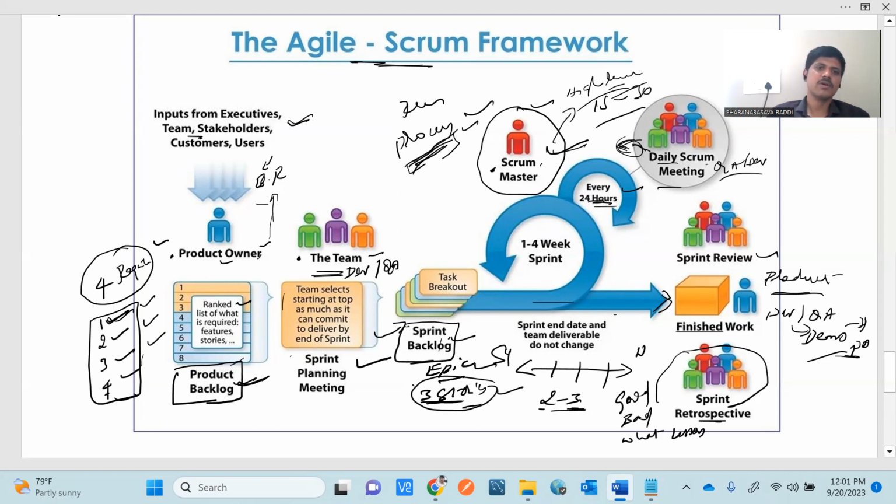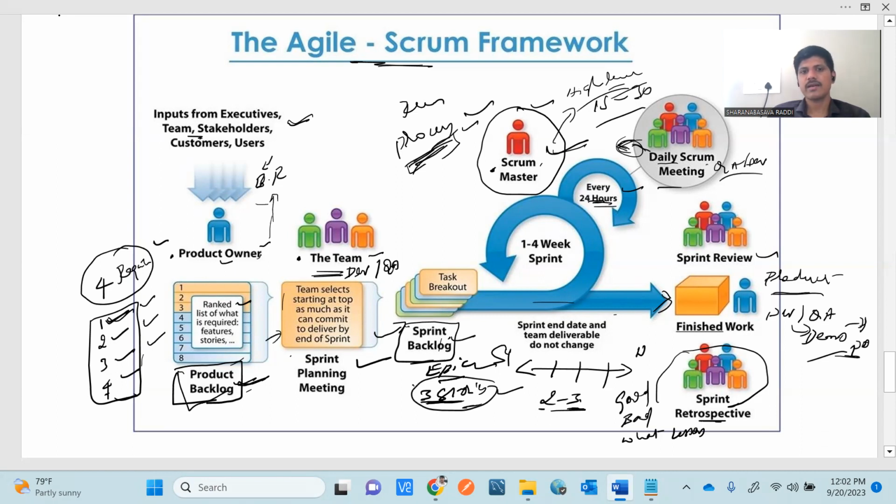Then, based on the priority, he will try to arrange the requirements in a systematic manner, and he will convert those requirements into epics and stories, and that is nothing but the product backlog. He moves all the epics and stories into the product backlog.